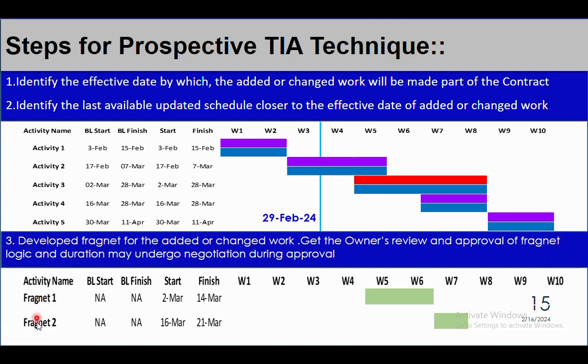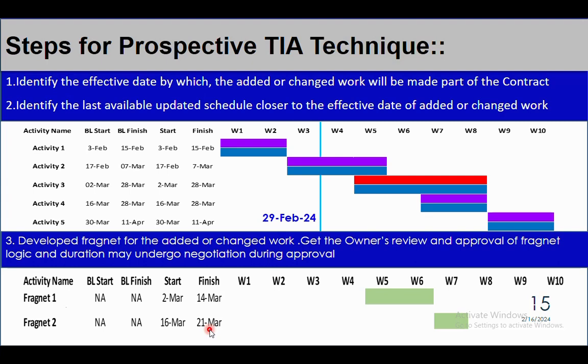these are the two fragments or two delay events. Fragment 1 is from 2nd March to 14th March, and fragment 2 is from 16th March to 21st March. So the effective date of these two additional scopes of work is from 2nd March to 21st March, which means it happened in the month of March.